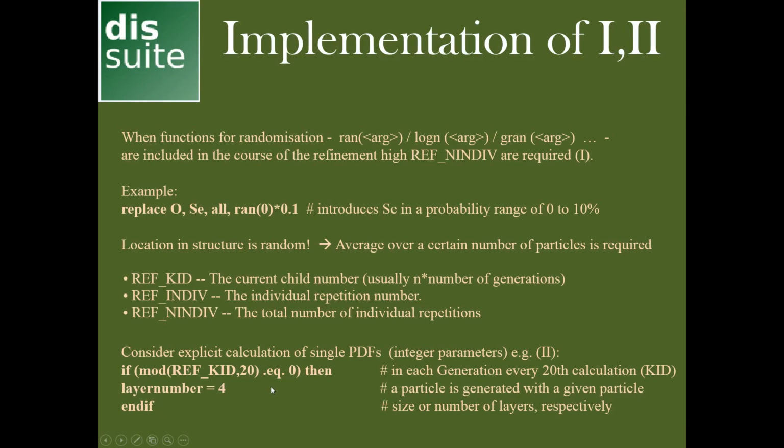So you put in, for example, your size or your number of layers, and then this kid is all the time created with these parameters and is giving you the certainty that you have excluded this possibility of a bigger or smaller particle. And this is very important for an early search and modeling approach, not to end up in a local minimum.